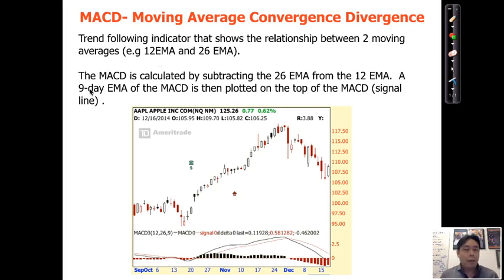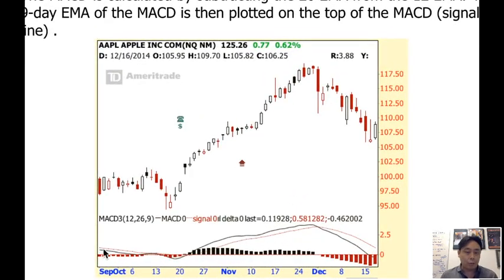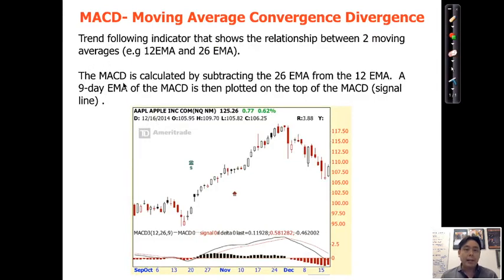Now, the MACD line, which is this black line you see over here, let me just zoom in. Can you see this black line over there? Okay, that's the MACD line. So notice this is the price chart, and below is the MACD indicator. So the first thing to look at is this black line, and that's the MACD line. The MACD line is calculated by subtracting the two EMAs against each other, right?